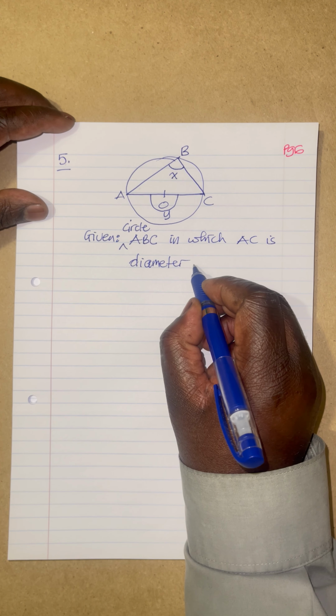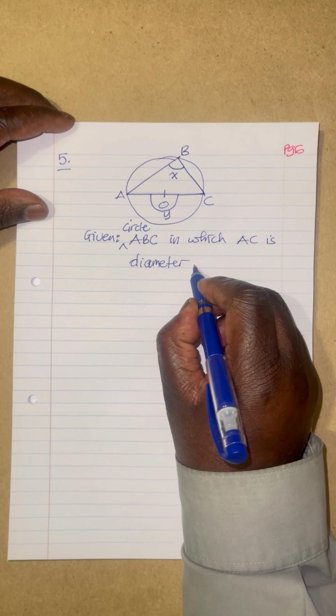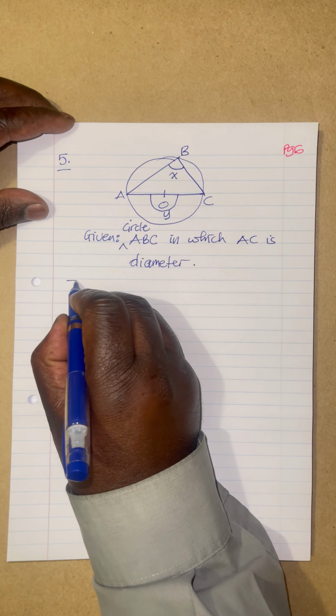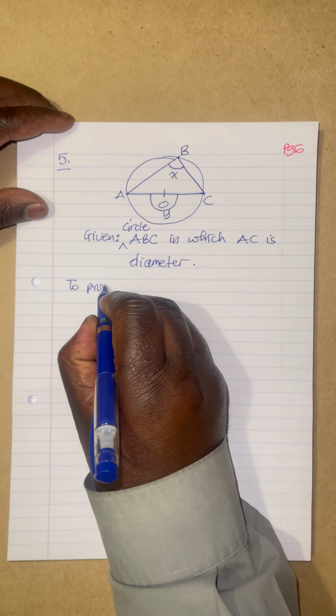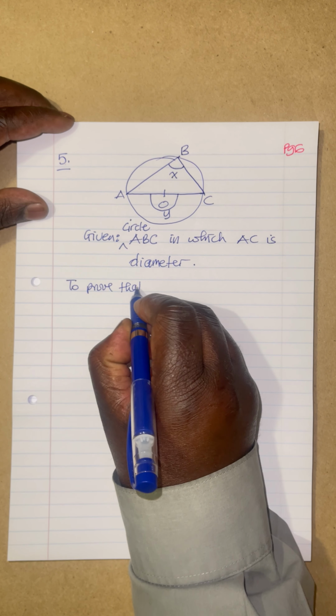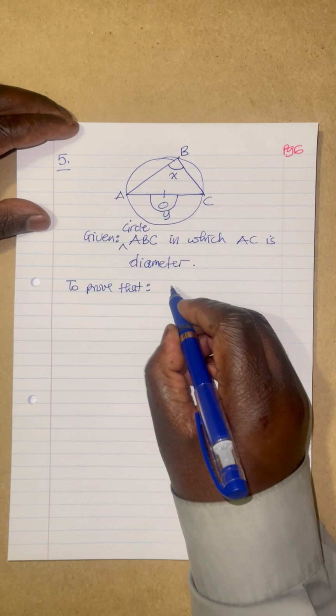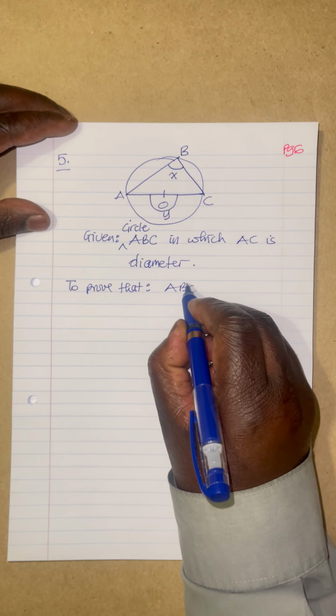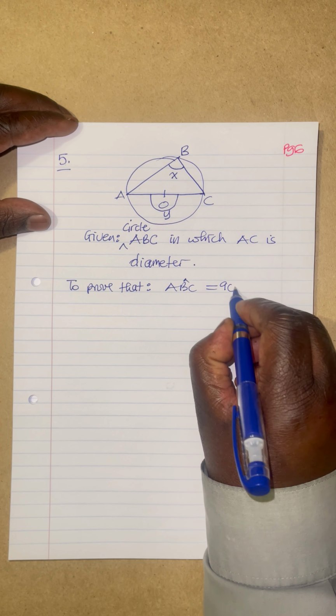Right, we can just keep it the way it is. And what are we required to prove? We're required to prove that angle ABC equals 90 degrees.